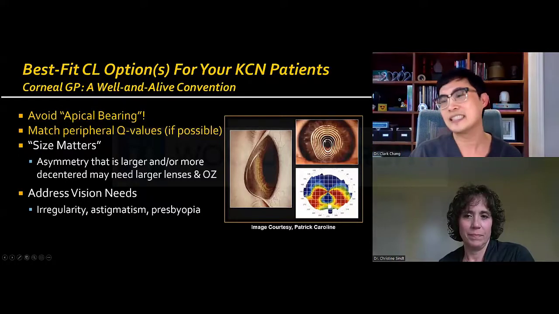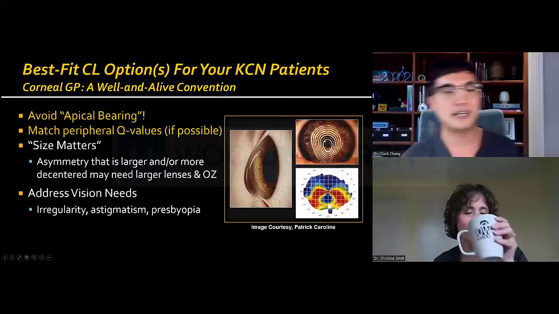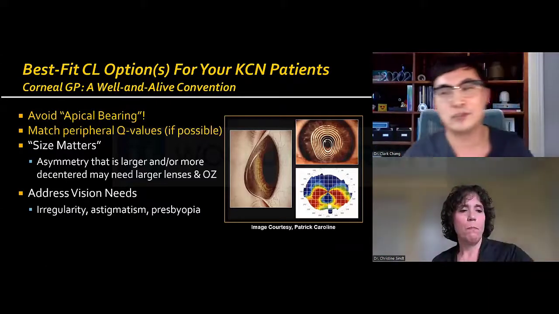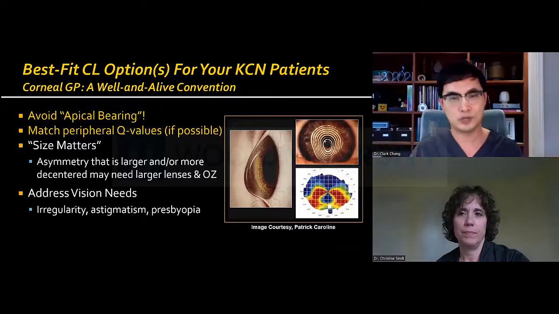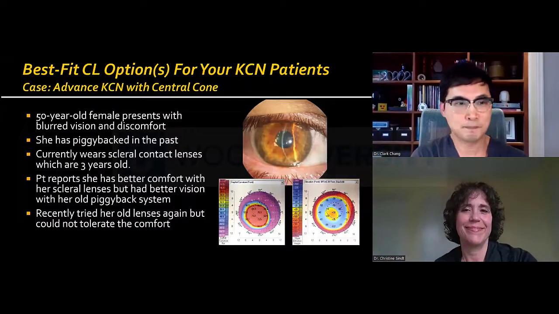In a case like this, which is very severe, or even just frankly an early pellucid, I actually recommend we try to shrink the diameter of the lens to find an area centrally that may be more even to balance the lens. So that would be one exception where I would say, don't always go to the largest corneal GP. And I think Dr. Sindt's case will demonstrate that.